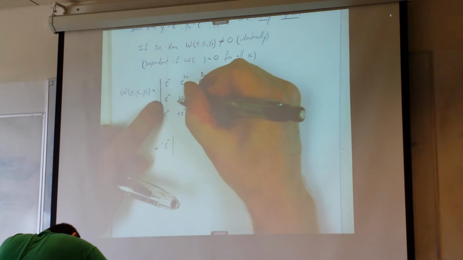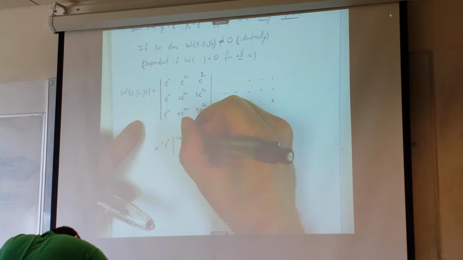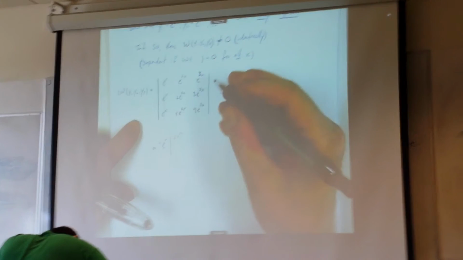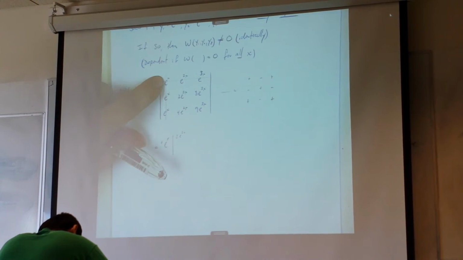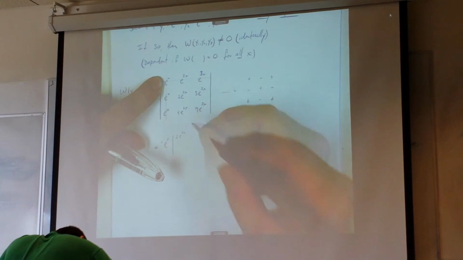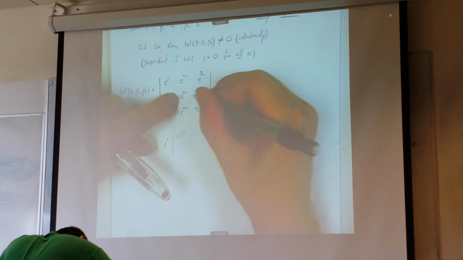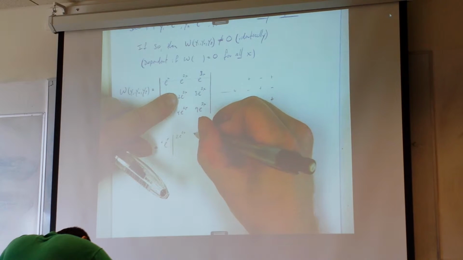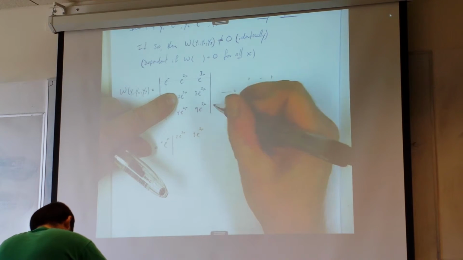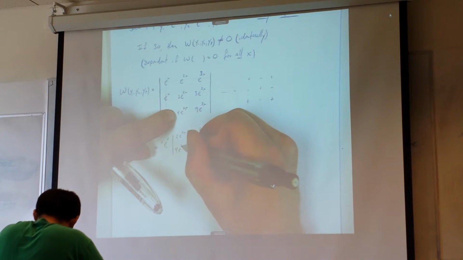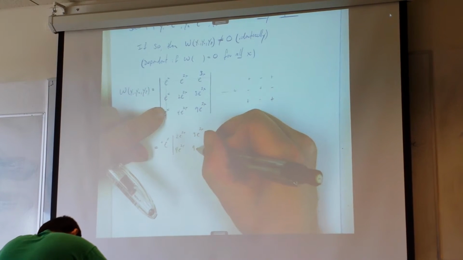So I'm going to have 2e to the 2x, 3e to the 3x, 4e to the 2x, 9e to the 3x. And why is that plus? Because you started off with a plus in the top left corner.